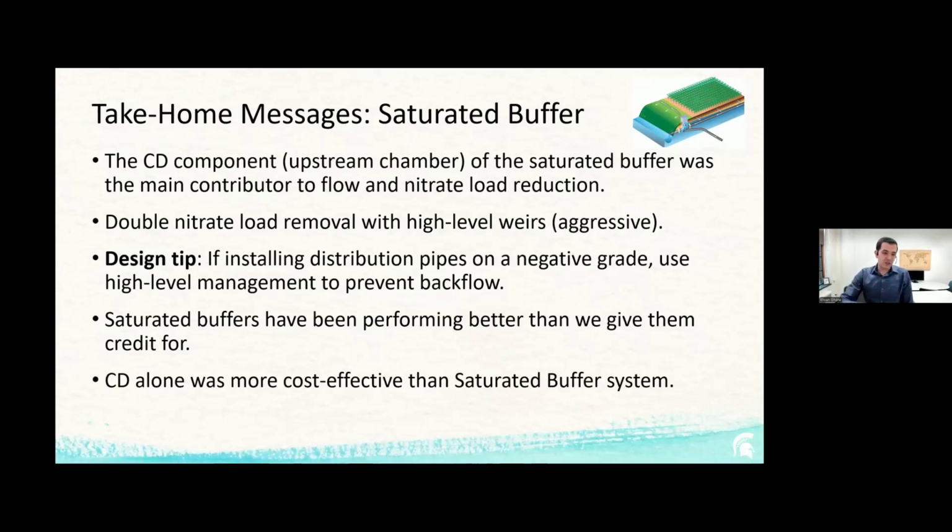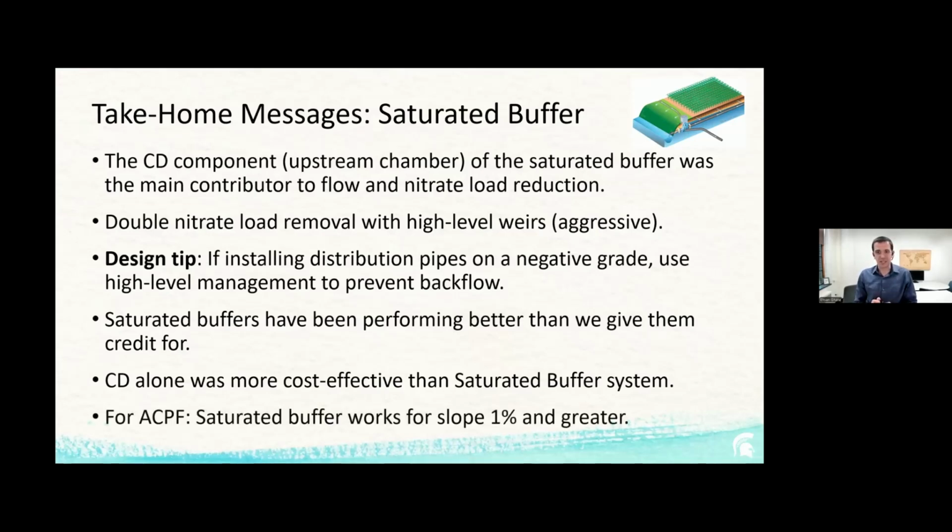And circling back to the comment I made about the ACPF tool and the suitability of saturated buffers, I said that inside that tool, 2% grade and above is used to identify suitability of the saturated buffer system. If you remember, this is the last point actually, our field was only about 1.1%.